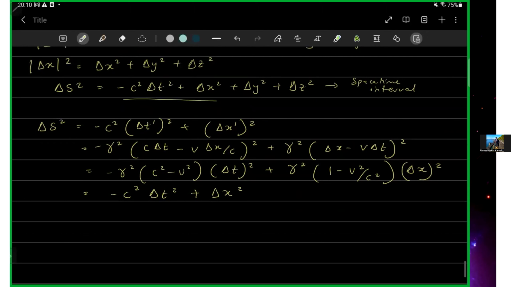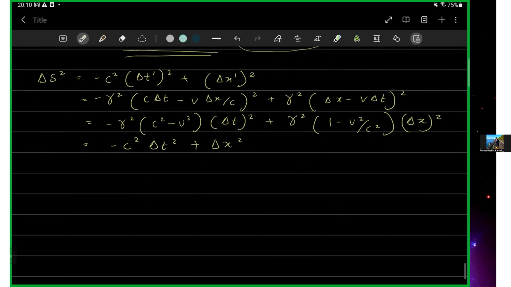From here. So remember, we're just doing it for x, so therefore I ignored these two. But you can also show that if you have a transformation for both y and z as well, you will still come down to an invariant delta s squared. Okay, so that is a big result.